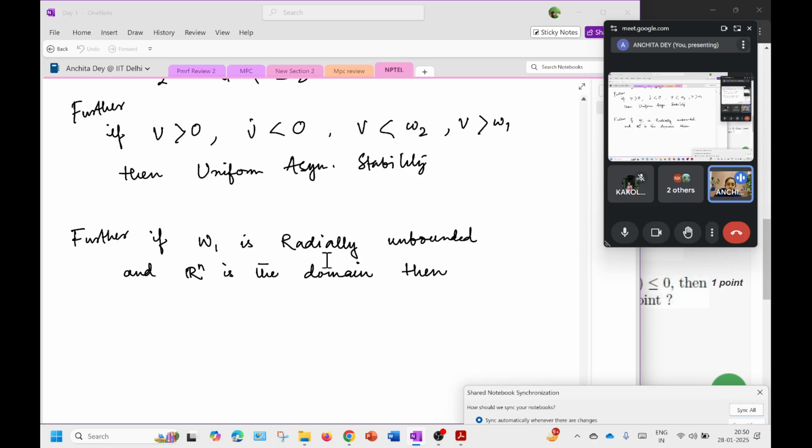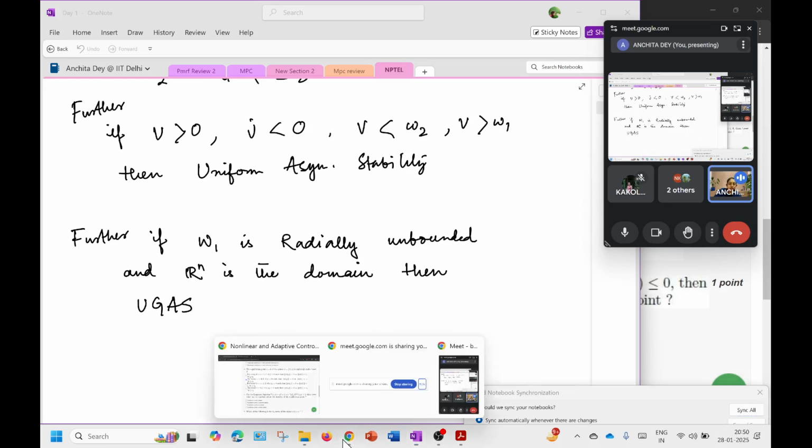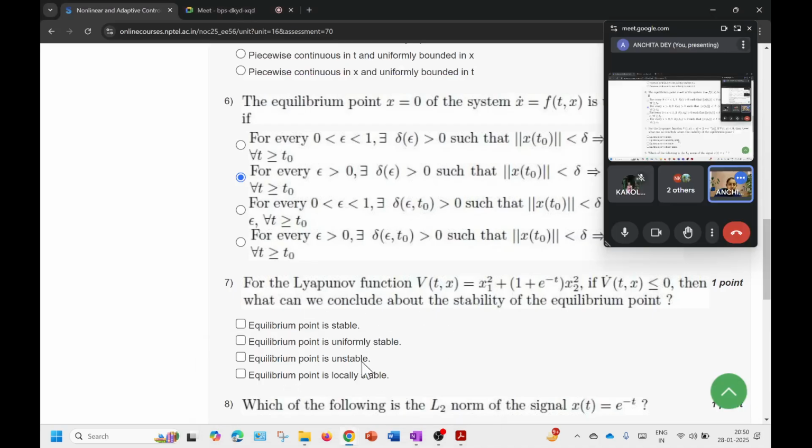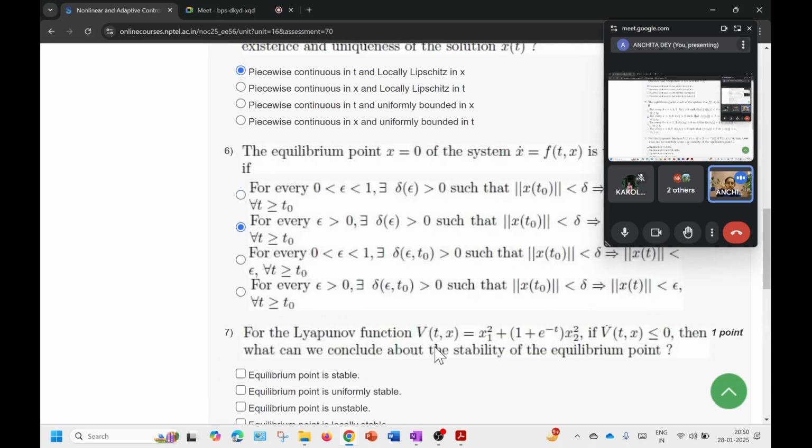But okay, you guys get it right. If W1 is radially unbounded and V dot is less than 0, V is greater than 0, V is between W1 and W2, and so on, then this is uniformly globally asymptotically stable. So based on this, although the global thing is not required in this question, you can answer this now, right? So I think that's all for today.